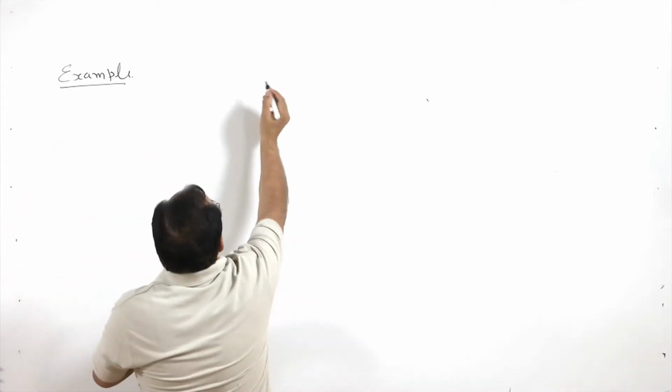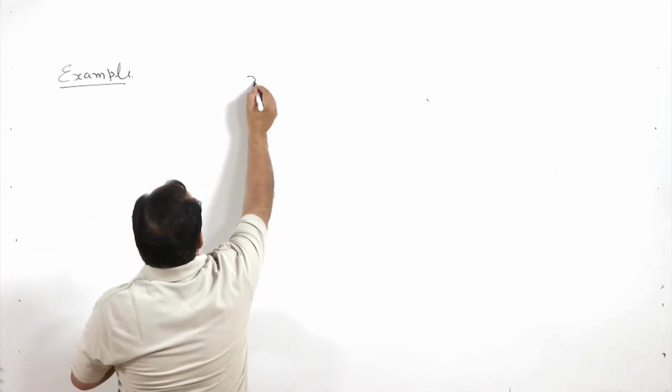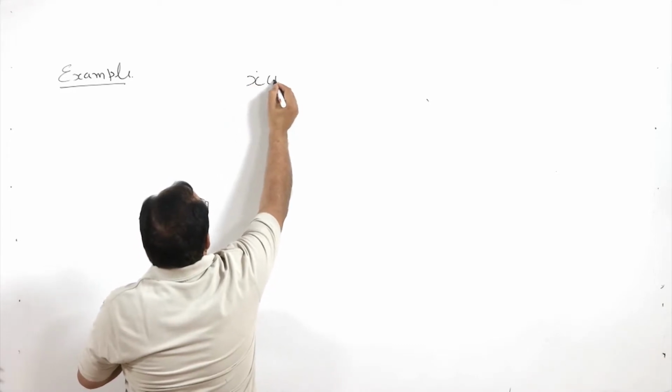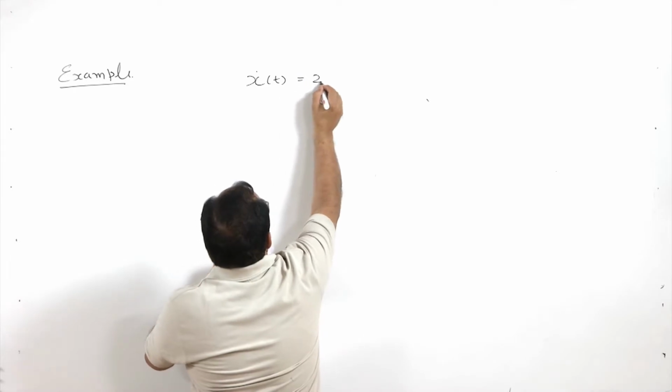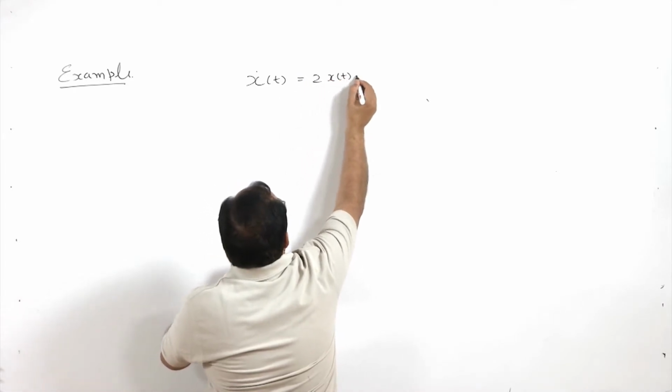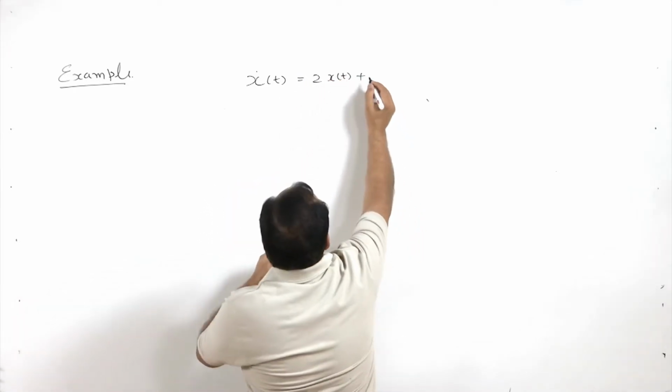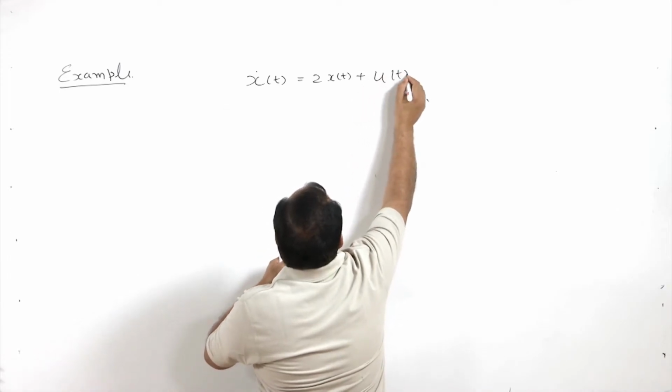Let us consider a first order system as x dot(t) equals 2x(t) plus u(t).